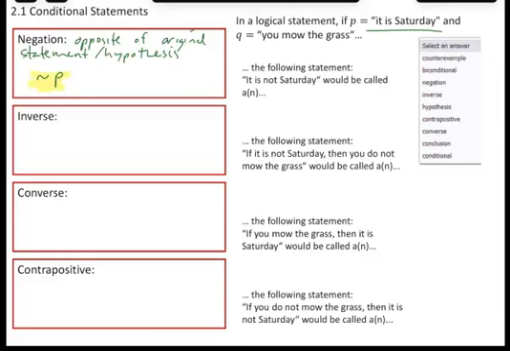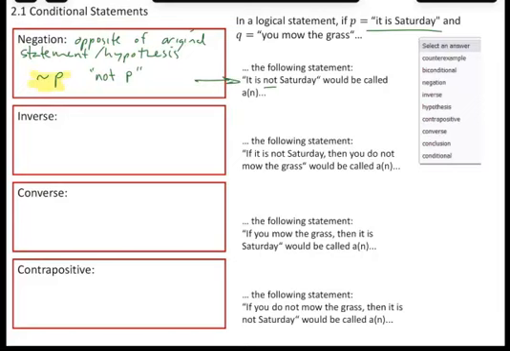This little symbol right here is called a tilde. It's also used in geometry as a similarity symbol when we start looking at similar figures, but here it represents not P. So that's the negation of whatever the hypothesis is. If the hypothesis is it is Saturday, we see that it is not Saturday.